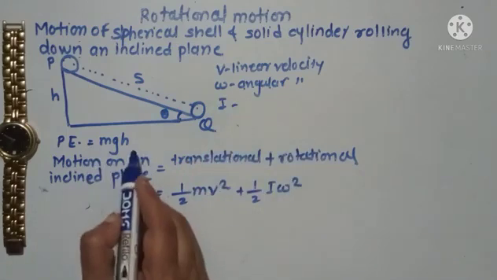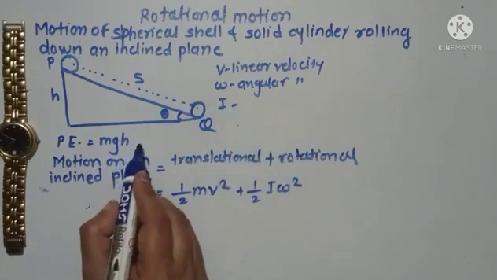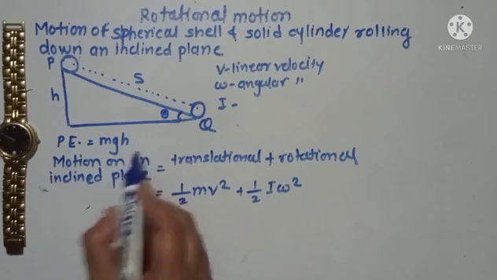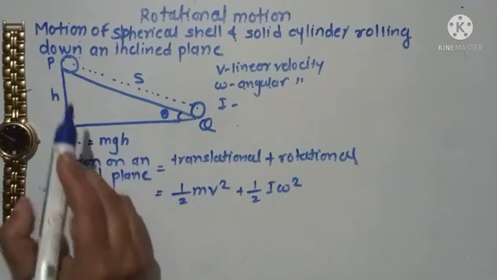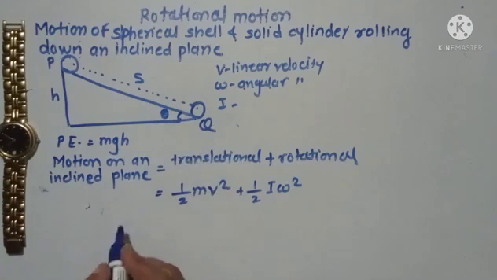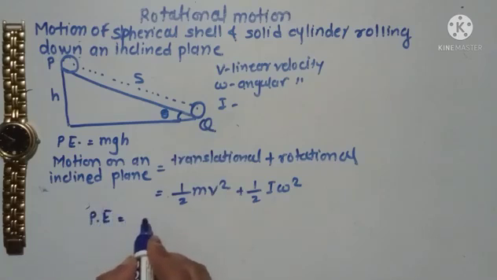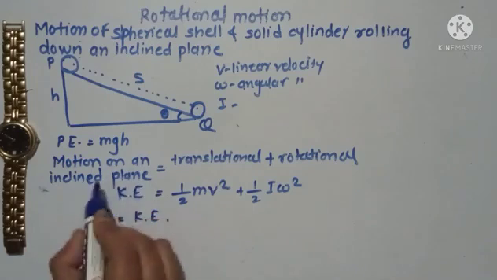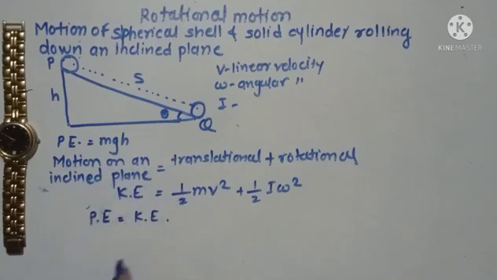In the last unit, we have seen the law of conservation of energy, which says that energy can neither be created nor destroyed. So this potential energy is converted into kinetic energy. So this potential energy is equal to the kinetic energy of a body rolling down an inclined plane.